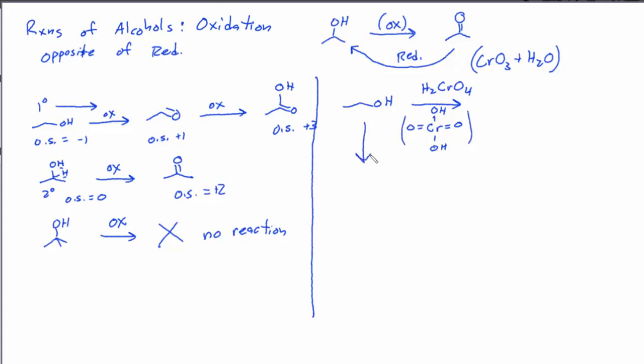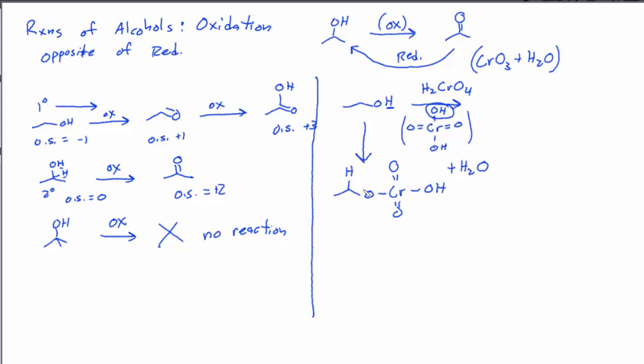And when I mix a primary alcohol with that, you can see how I take the H and I take an OH off of the chromic acid, and I can now form a chromate ester. It looks like this. And I have one equivalent of water produced. And so what happens now, anytime we oxidize something, another molecule needs to be reduced, and that means another molecule needs to gain electrons.